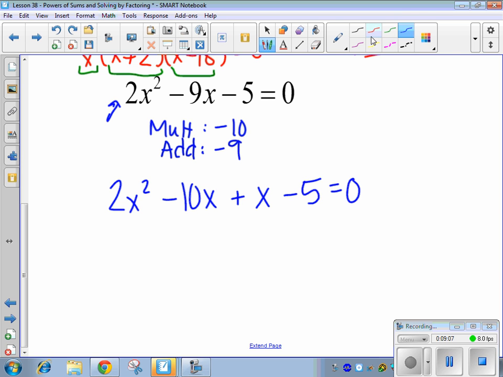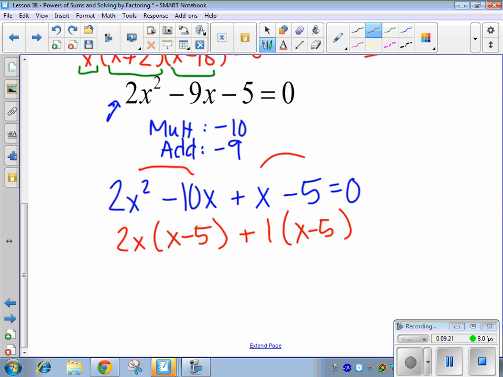Now we do some little factor by grouping here. So I have this group here and this group here. I can pull a 2x out of both of these ones, and I have x minus 5 left over. And then I'm just going to pull a 1 out of here, minus 5, equals 0. And if I rewrite this, 2x plus 1 times x minus 5 equals 0.